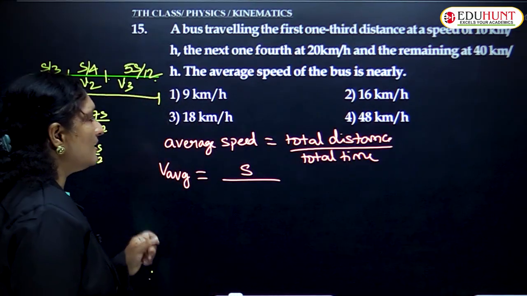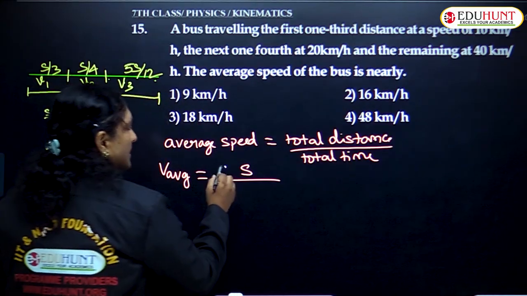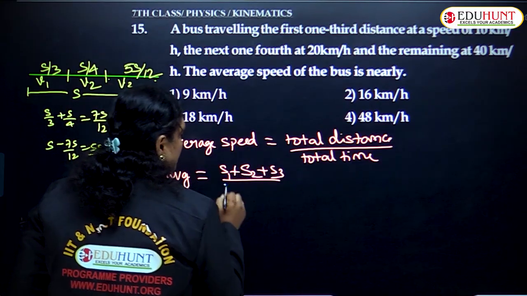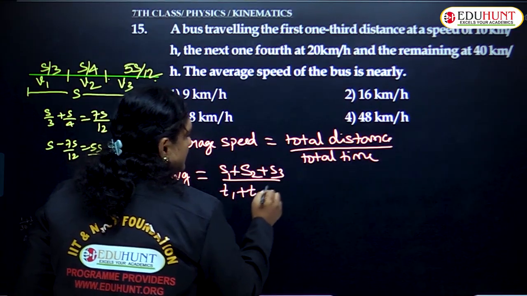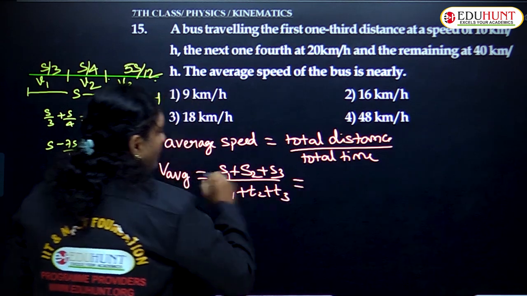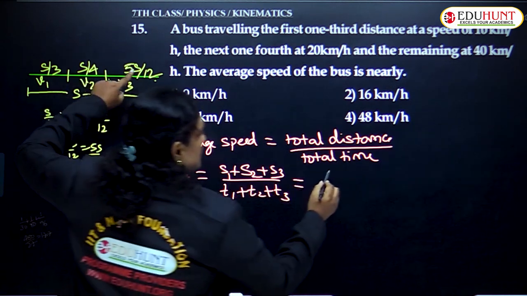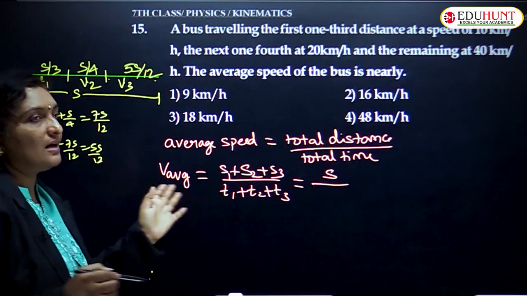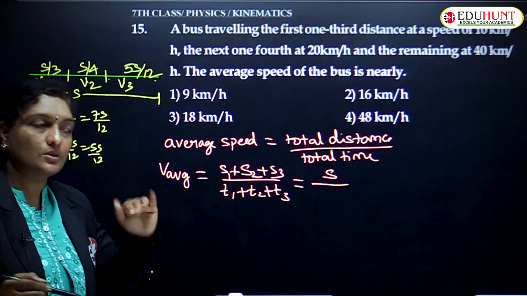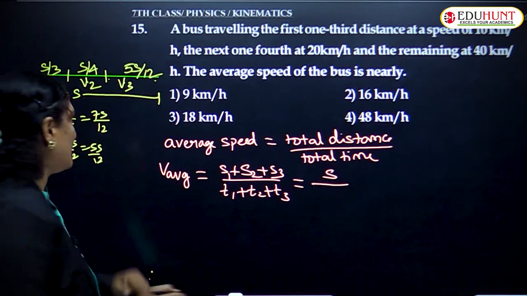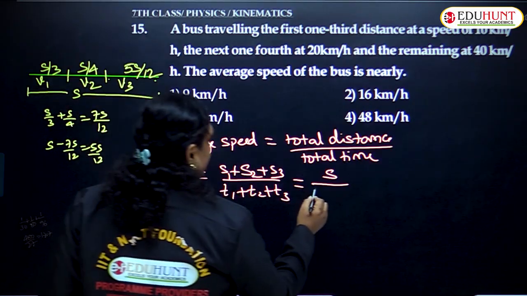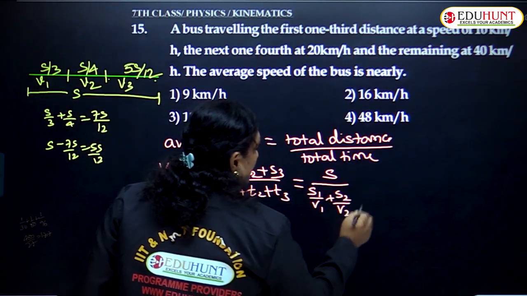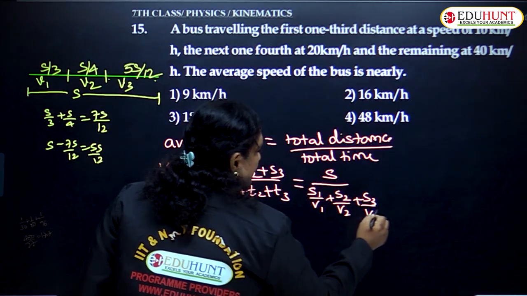Generally, let me write S1 plus S2 plus S3 by T1 plus T2 plus T3 is the generalized formula, where S1 plus S2 plus S3 is found to be S. Speed equals distance by time, so time equals distance by speed. So instead of T, I can replace it with S1 by V1 plus S2 by V2 plus S3 by V3.